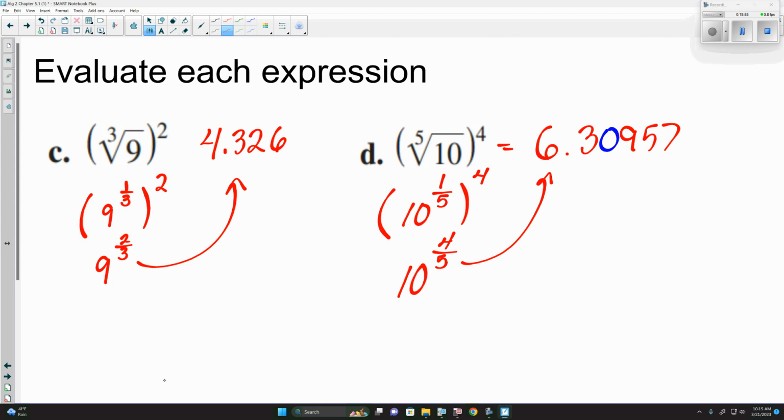Now, does it make sense for these here, 9 to the 2/3 and 10 to the 4/5, to give us a number smaller than the number we started with? So 9 to the 2/3, if we apply the 2/3 exponent or 4/5 exponent, is it reasonable to say that the number we finish with is smaller than the number we started with?